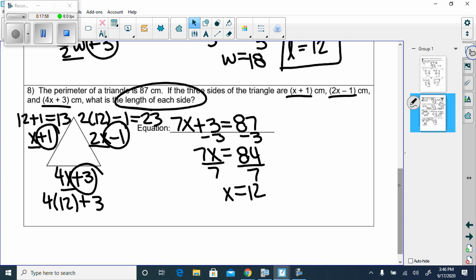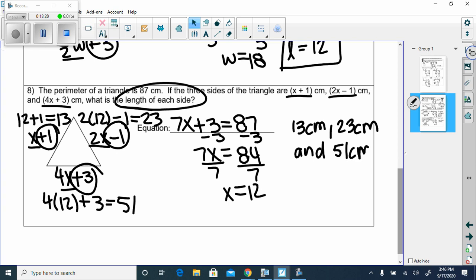Okay. So I have three answers. We've got 13 centimeters. We've got 23. Good. They already told us that the perimeter was 87. They wanted us to find each individual side. So that's what we did.